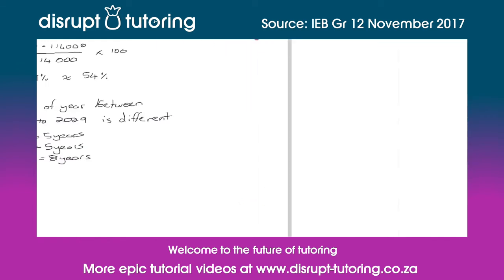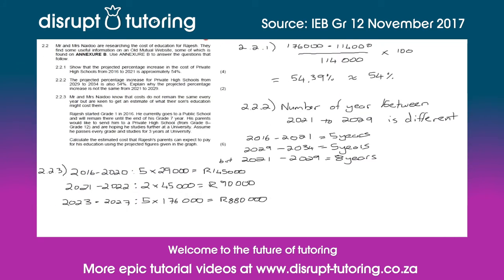So just for that 1 year, 2028, it's going to be 1 times the 77,000, and this is going to equal, obviously, the same, 77,000.